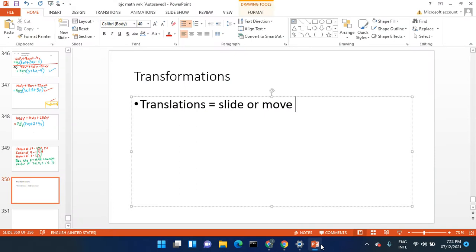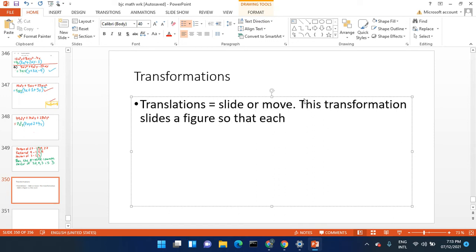Okay. So translation is when we slide or move the image. This transformation slides a figure so that each point is moved the same distance in the same direction.